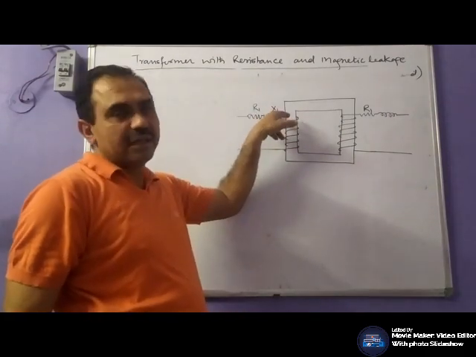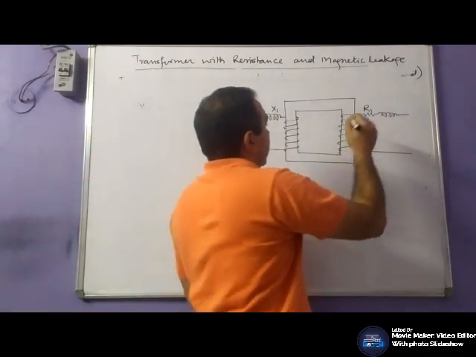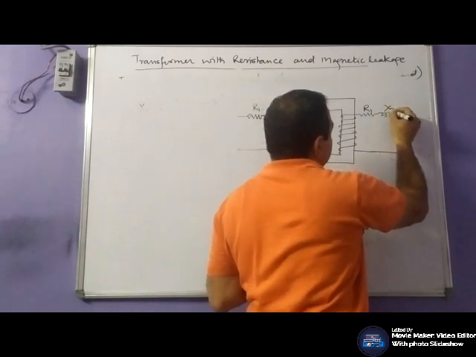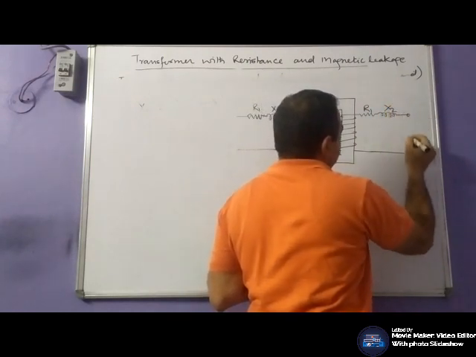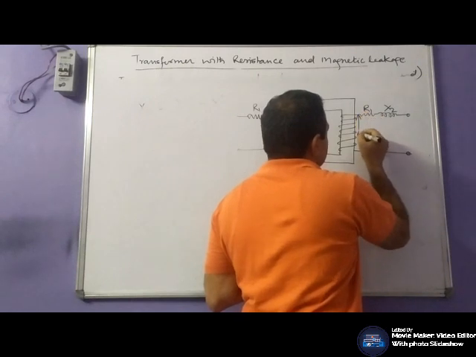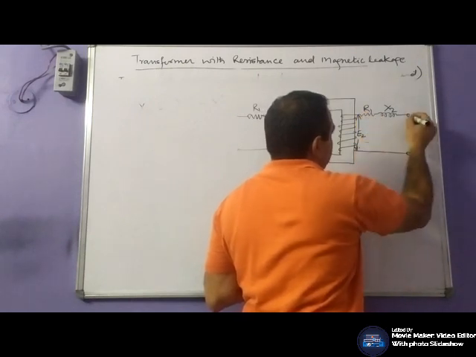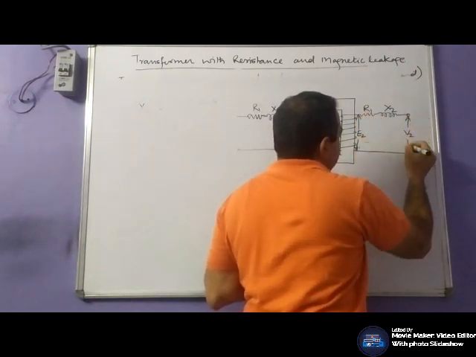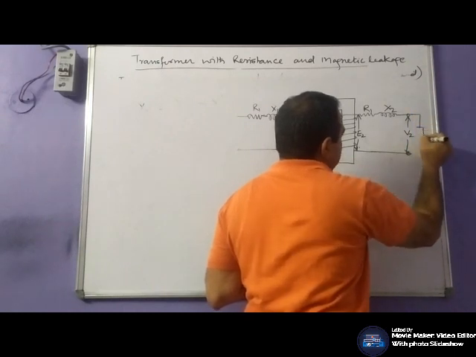R2 and X2 on the secondary side, E2 the induced EMF, V2 the terminal voltage, and if the load is connected, current will flow through the circuit.